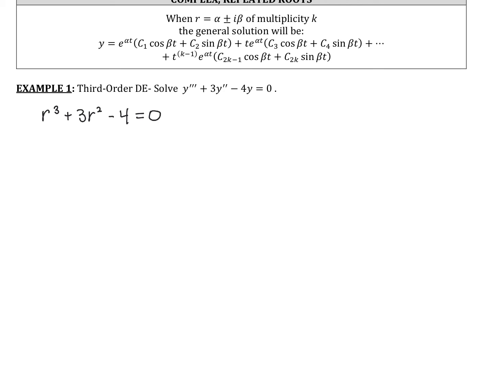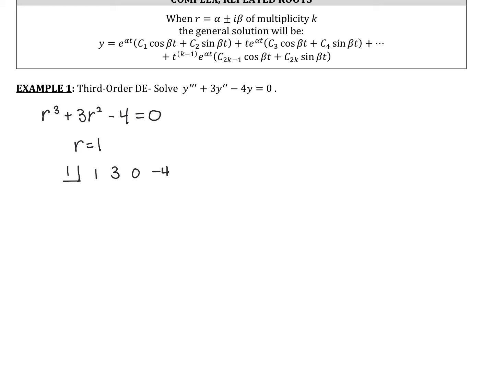I have 3 roots. If I know r equals 1 is one of my roots, because that's what you'd get using polysimul, or if you graphed r cubed plus 3r squared minus 4 you'd see it cross at r equals 1, you can use synthetic division from here. If this is all you could find, you could use synthetic division.